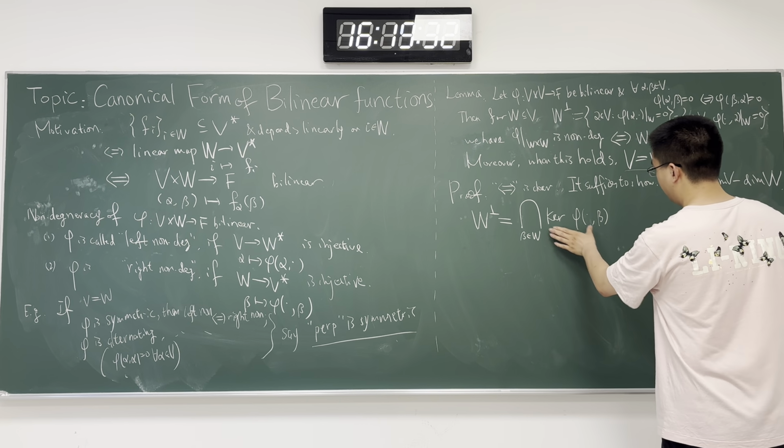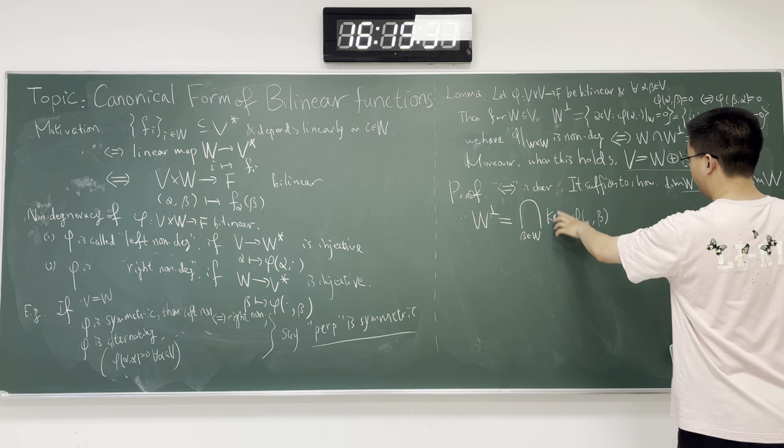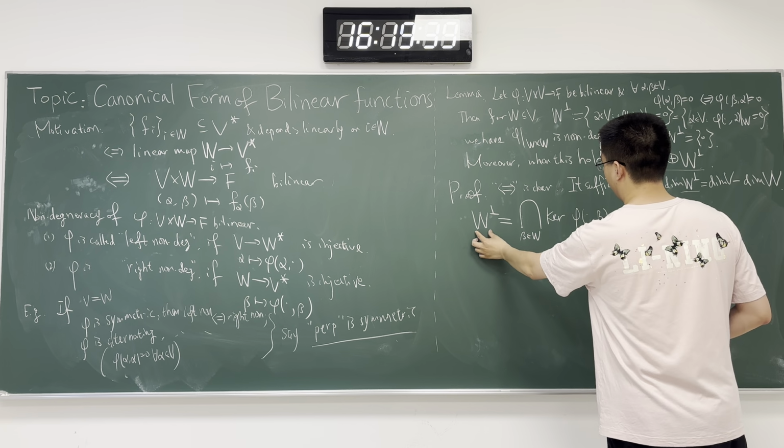And if this holds for all beta in W, then it means that alpha is perpendicular to all elements in W.